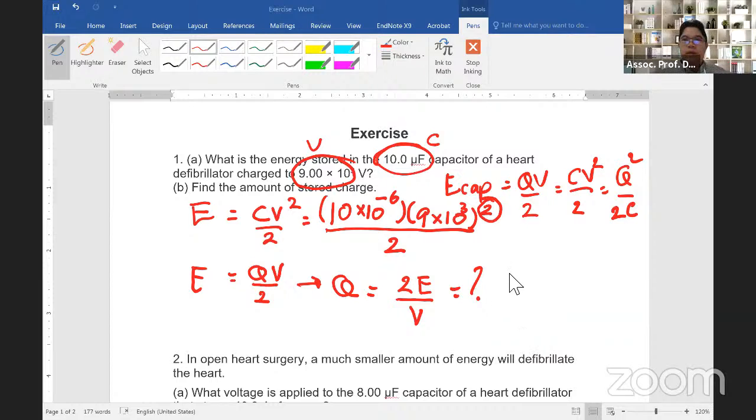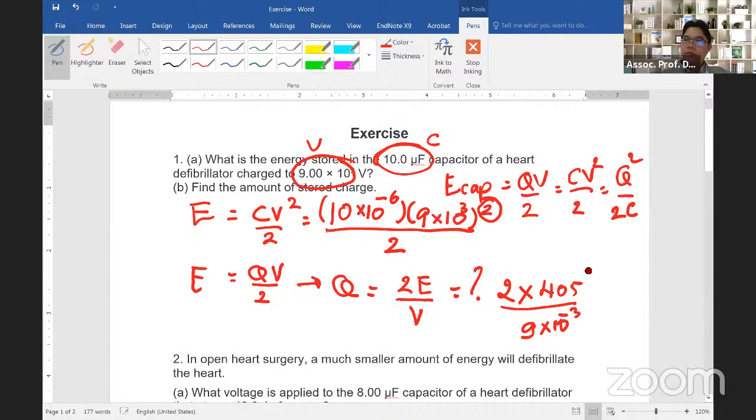You have 2 and you have E already, 405, and then you have V here.